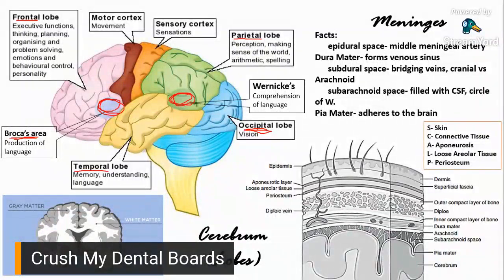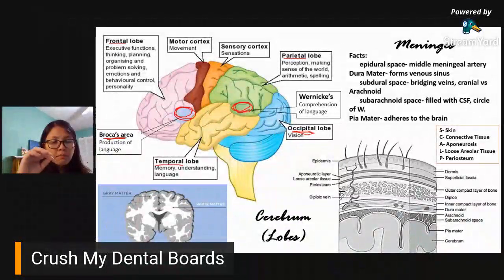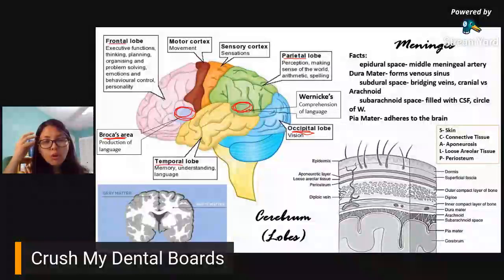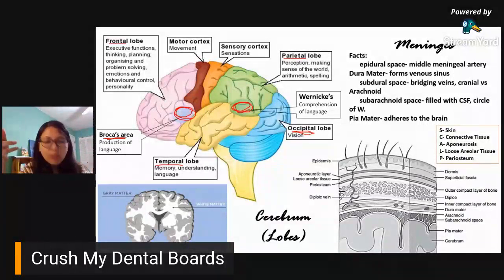So if you have a problem in the Broca's area, so production of words, what happens when the Broca's area is defective or there's a lesion there? Then that person would have what? Broken words. Broken words, like utal-utal. Right? That's broken.